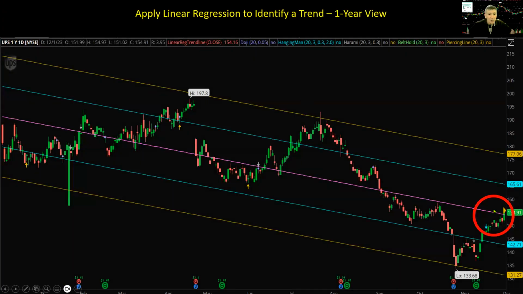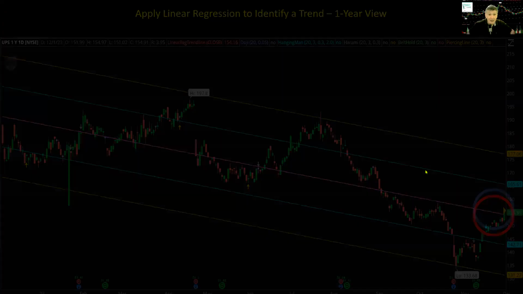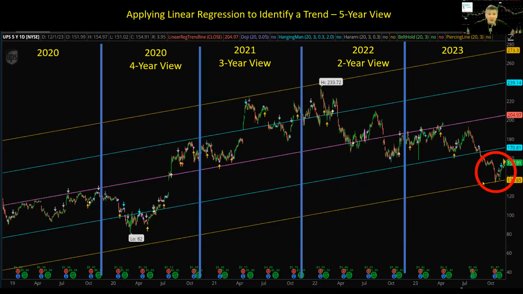So if we go back, the 5-year view, the price right now is between the 50 channel line and the 100 channel line, lower channel lines. Pretty much right, not quite exactly in the middle, but close enough for government work, if you know what I mean. But let's look at it in the 1-year view, 2023 exact.